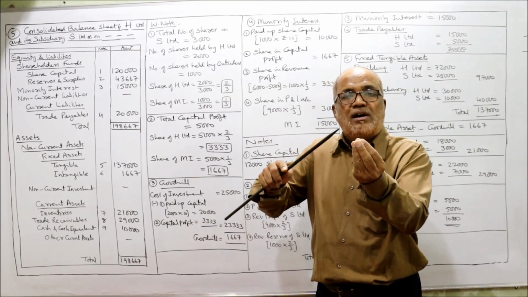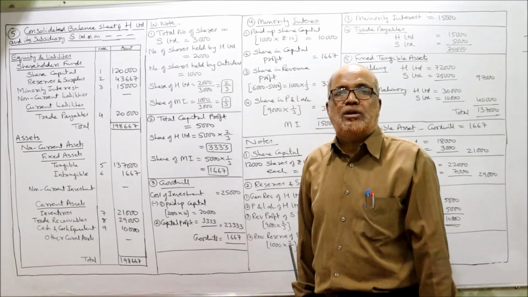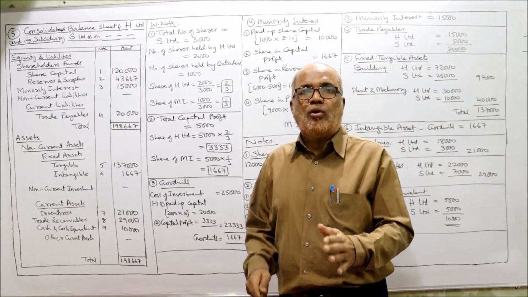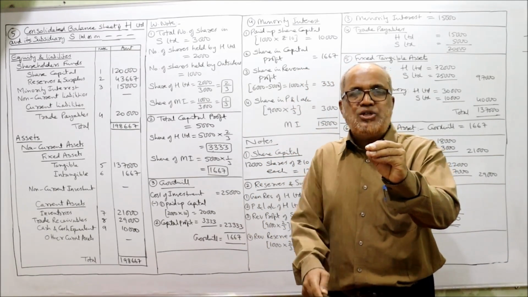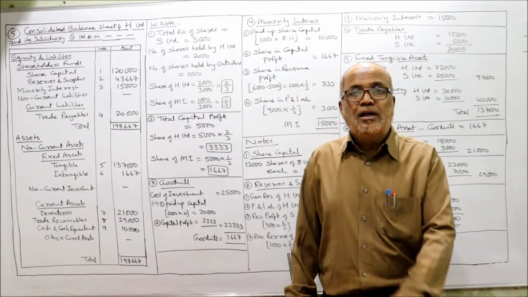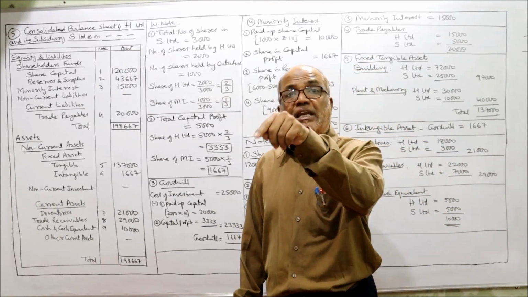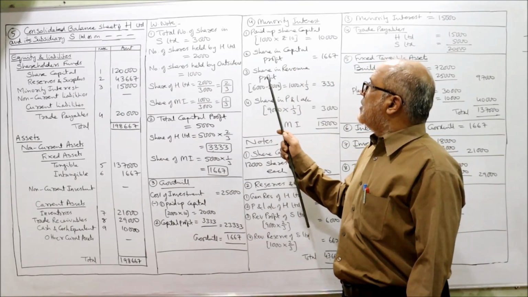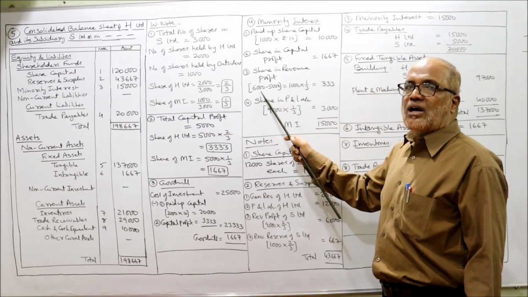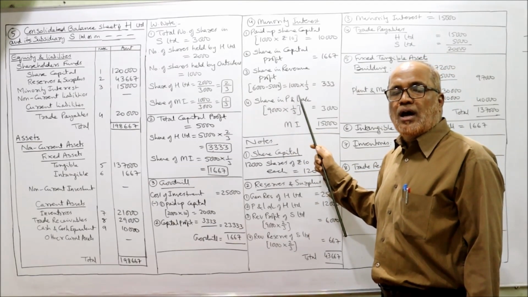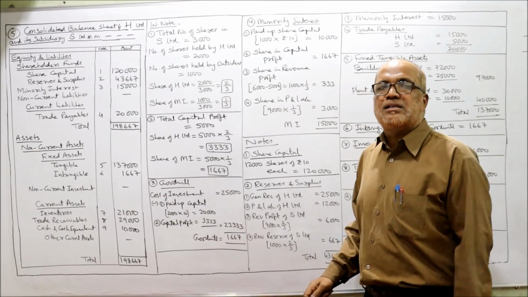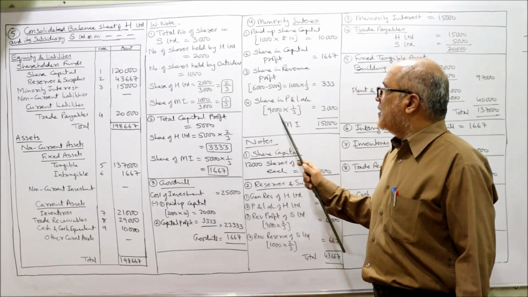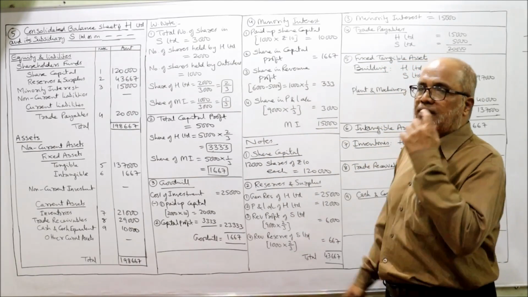So how much have reserves increased after acquisition? 1,000. At the time of acquisition it was 5,000, and when the balance sheet was made it became 6,000, so 1,000 rupees reserves have increased after acquisition. So share in revenue profit 6,000 minus 5,000, 1,000. Now what is the minority's interest in this 1,000? 1/3. So 1,000 into 1/3, 333.